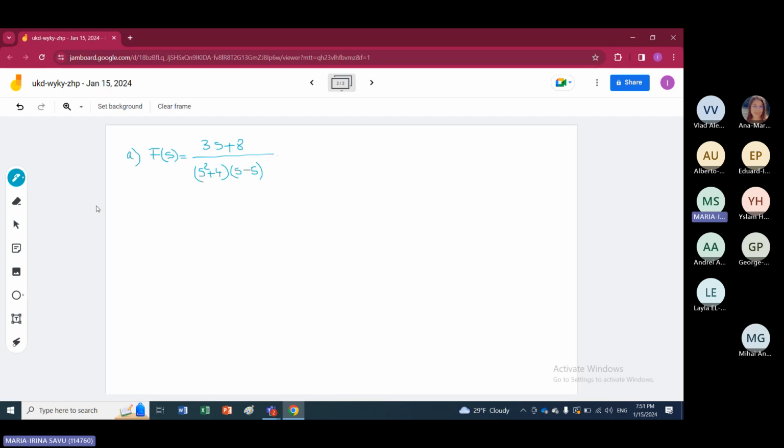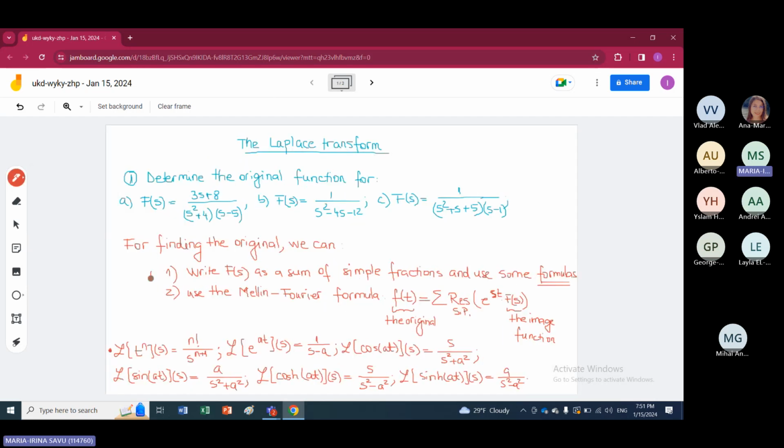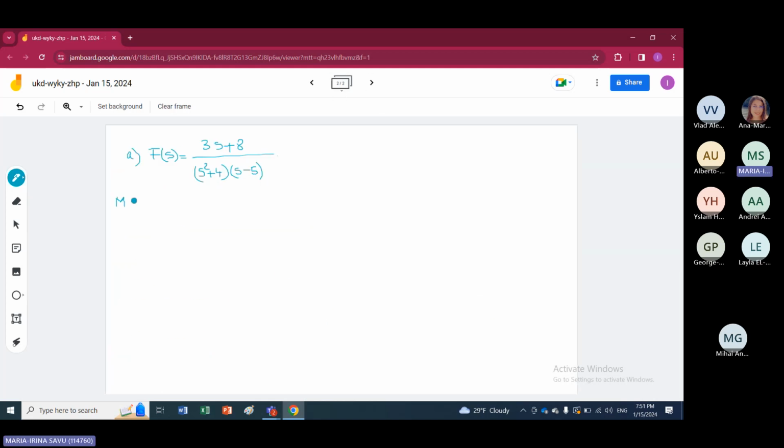Use both methods. Let's say that this is M1, method 1, method 2. So, method 1. Let's write F of s as a sum of simple fractions.